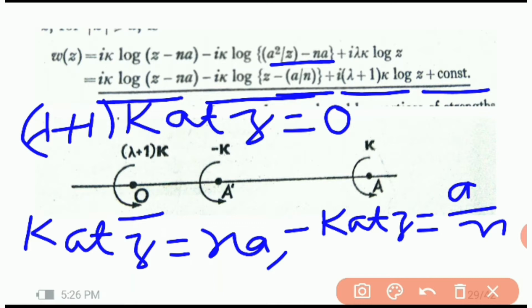And this figure shows the distribution. A is the point where z = n and A' is the point where z = a²/n.